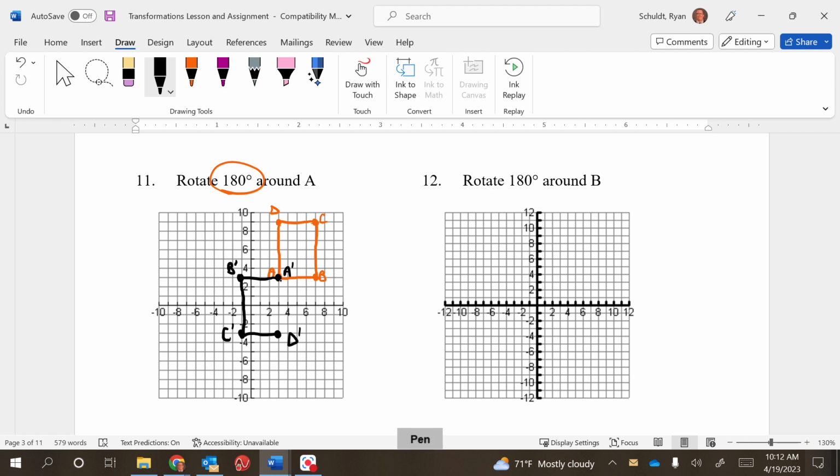That's ugly. So A stayed where it was. Anytime it says around a point, that means this is your pivot. That is your pivot. So it's going to stay, and everything's just going to rotate around it.